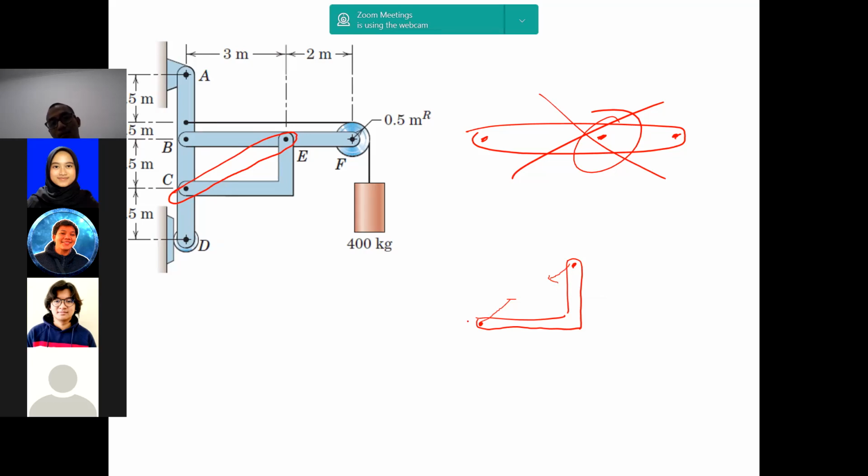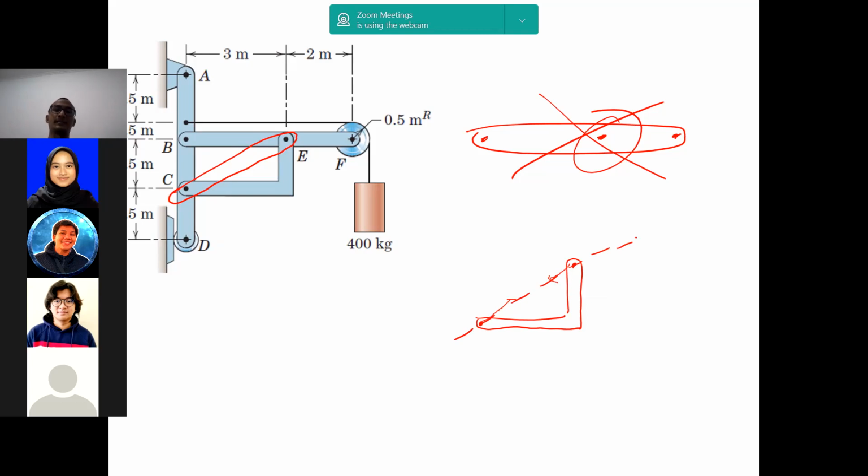Correct. So basically, if we have this, it's supposed to be like this. So that's the line of action of the FCE, from one end to the other end. You just need to create a straight line from one end to the other. Good, Amadia.